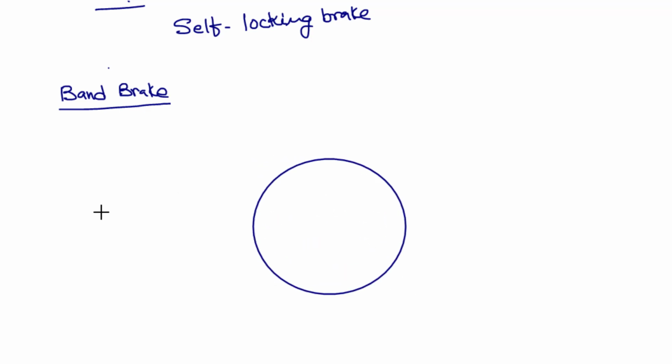This is the brake drum, and this is the rope or belt or steel band. This is the lever, means this band.